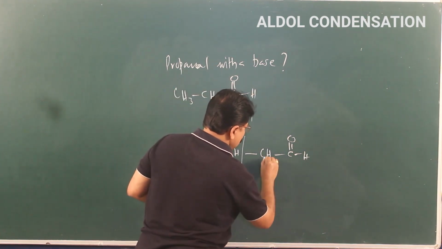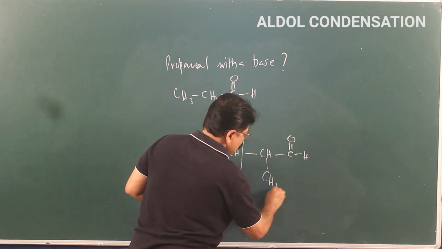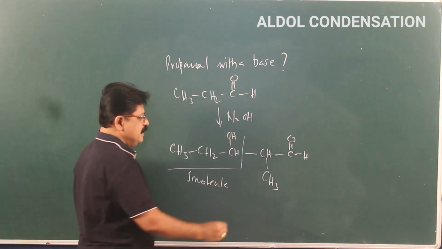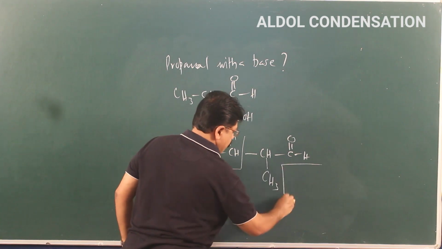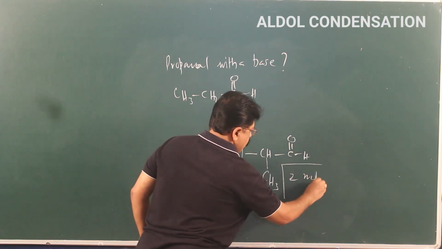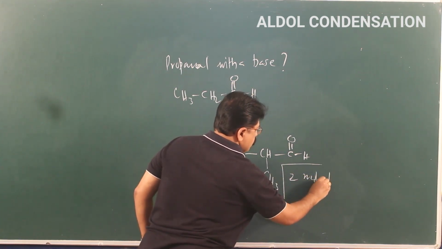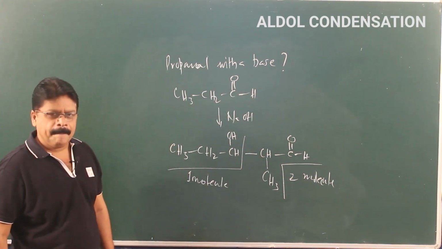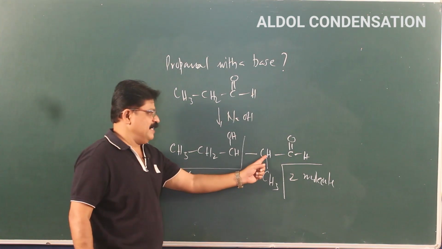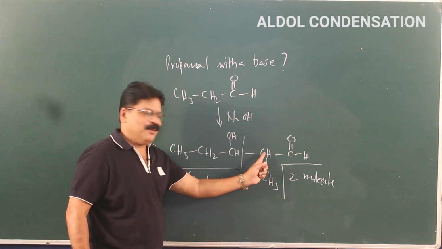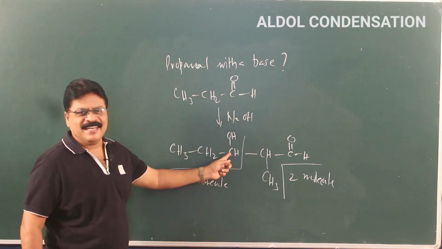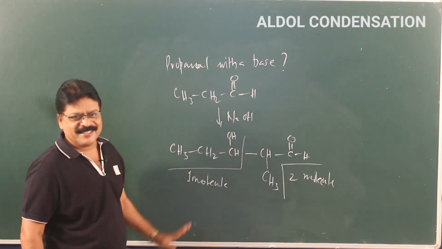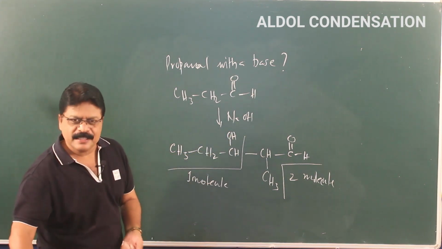This is the second molecule, and the second molecule CH3 must be down. Easy. So the alpha carbon of one aldehyde molecule will attack the second aldehyde, that will form the OH. So this is how you do it.